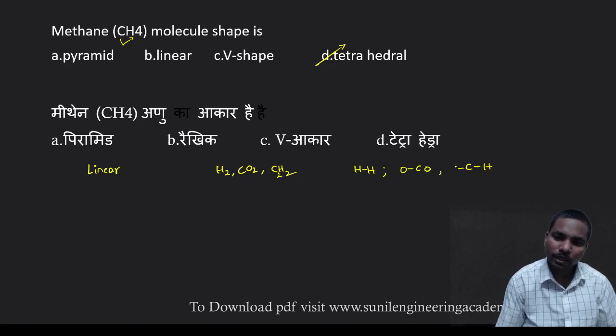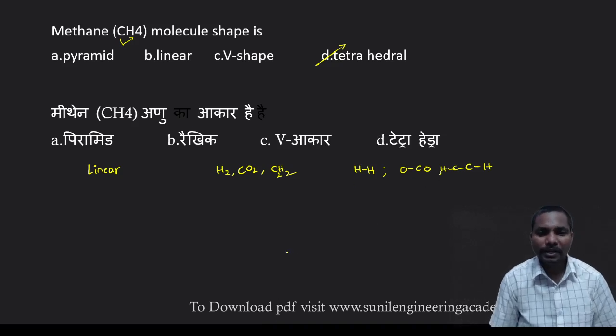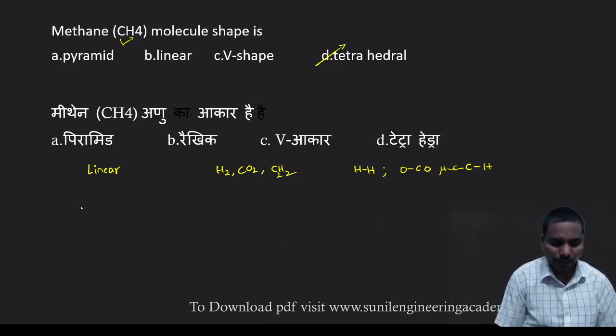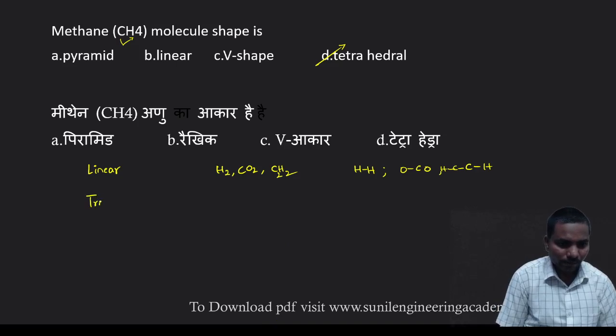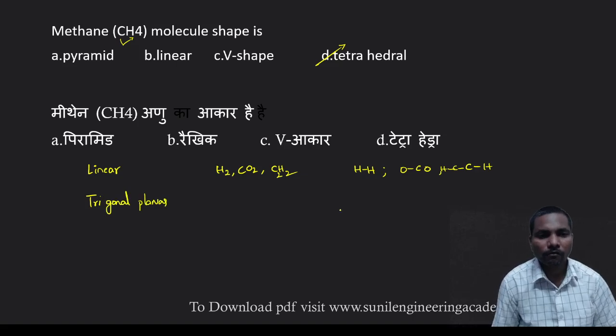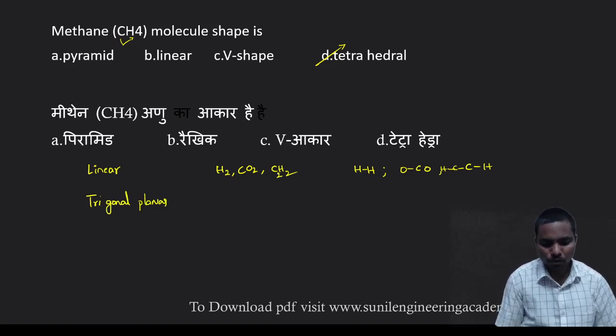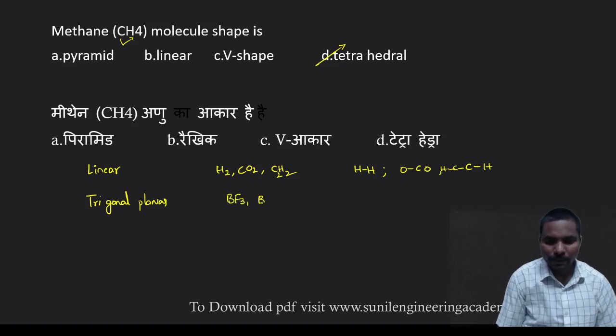And trigonal planar, tri means three, correct? So one element must have three atoms around it. For example, BF3, BCl3, BH3, like that.